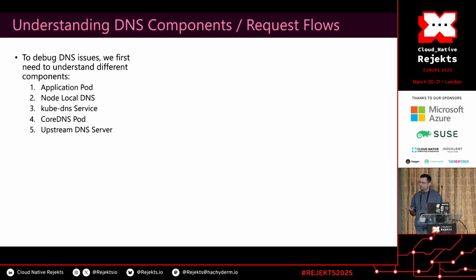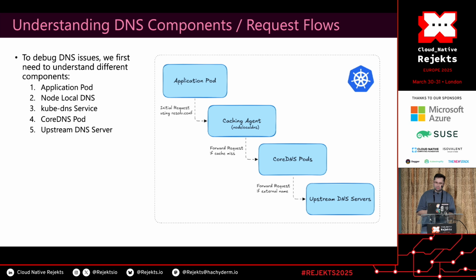To debug DNS issues, the first thing we need to understand is that there are different components. We have an application pod, a node local DNS, the kube DNS service, the CoreDNS pod, and an upstream DNS server. In terms of the request flow, you have an application pod making the initial request.